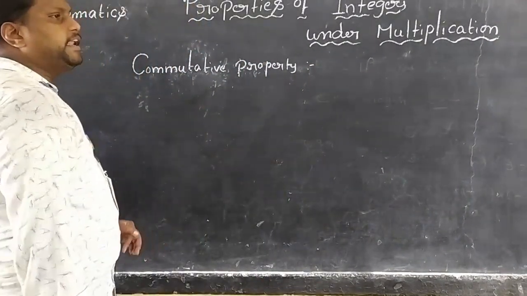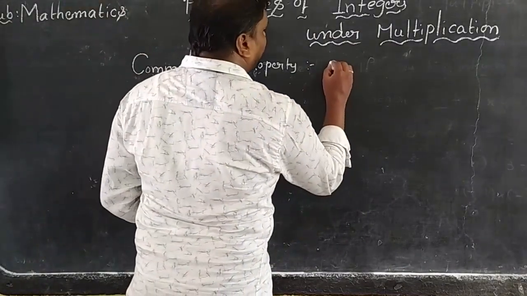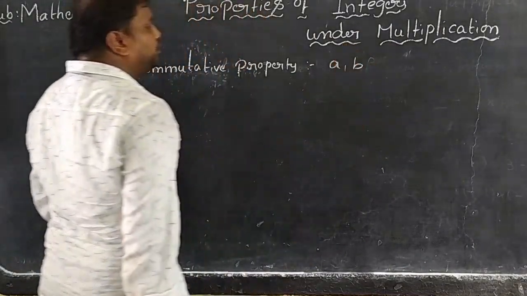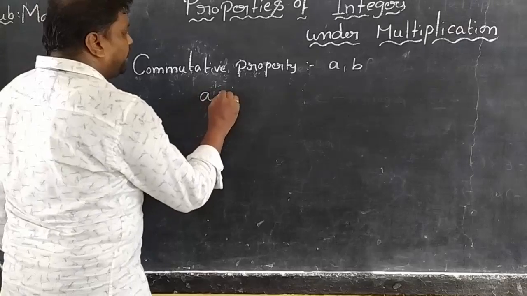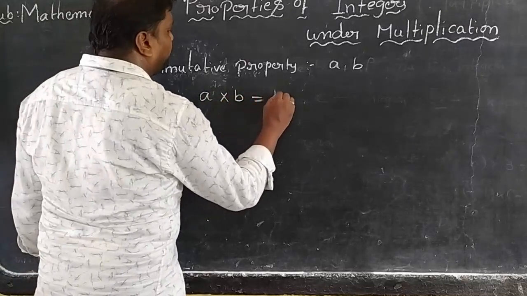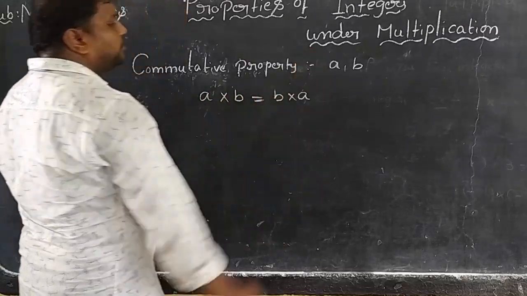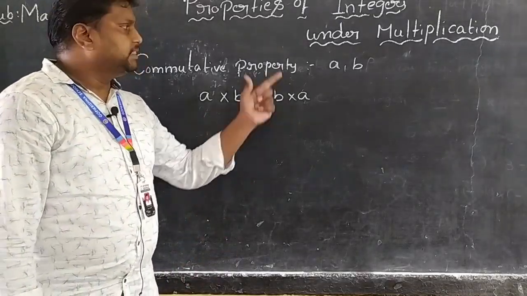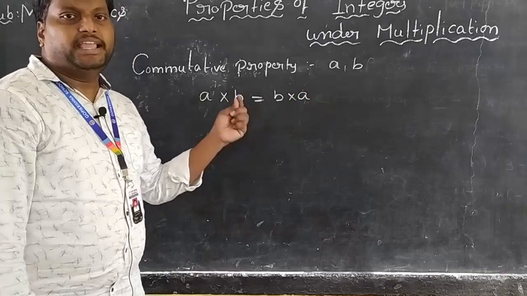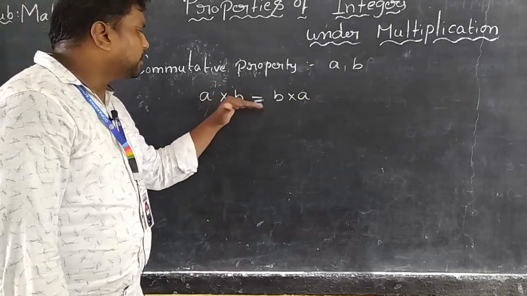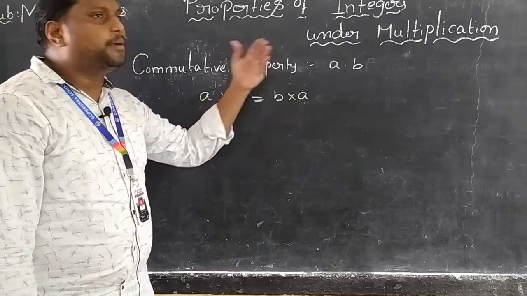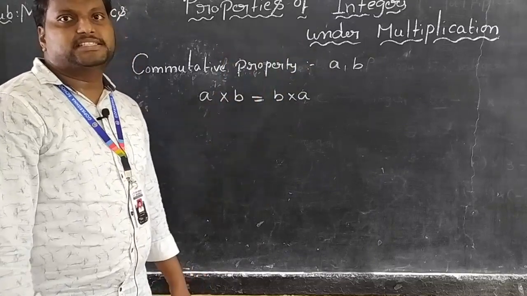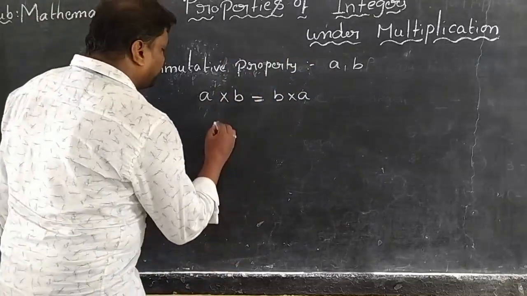Commutative property. Take any two integers a, b. The commutative property is a into b is equal to b into a. We can write a into b is equal to b into a. Then the commutative property is applicable to these two integers. Now take some examples.